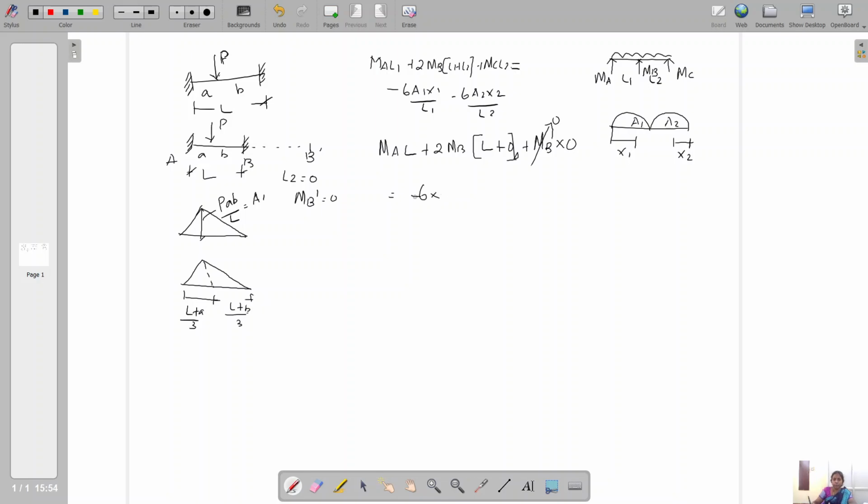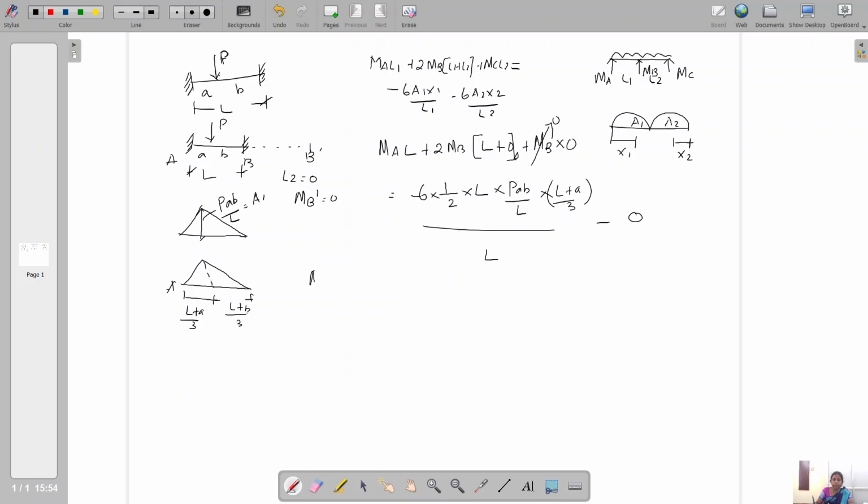Here we can take the area of this bending moment diagram as half into the span L and the height PAB by L. For 6A1x1, x1 is from A on the left side, which is (L plus a) by 3, divided by L1, the span L. Minus this term is 0 because there is no second span, so overall this term is 0.